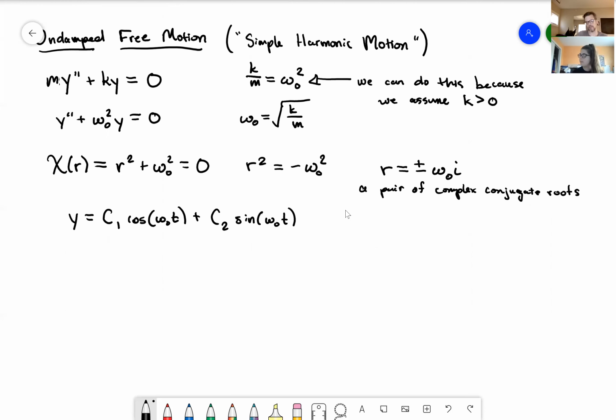Now, writing out this solution here, it might be difficult to see, but we can actually take this entire solution and rewrite it in terms of just a single trig function. How do we do that? Well, it takes a little bit of rewriting and a little bit of trig identities.